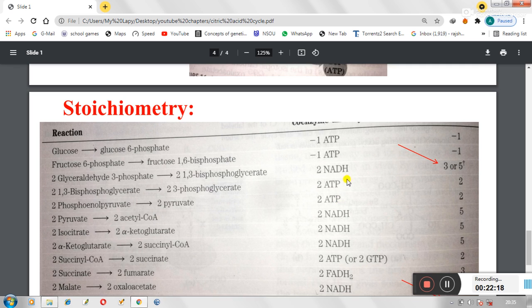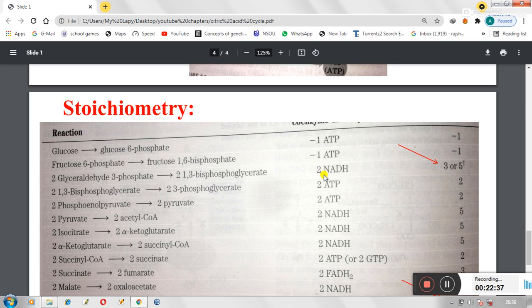As I mentioned, in the case of liver, kidney and heart, these 2 NADH molecules from the cytosol will enter into the mitochondrial matrix through one specific shuttle called the malate aspartate shuttle.